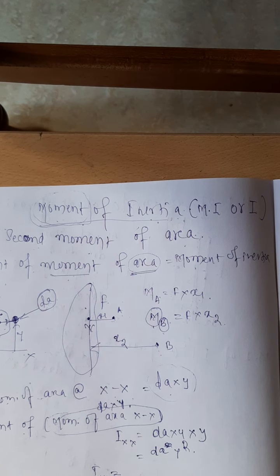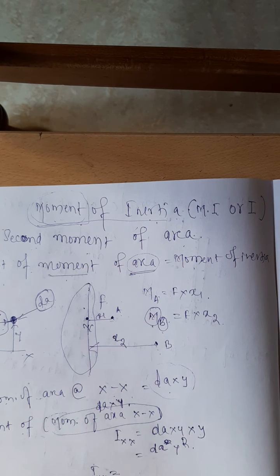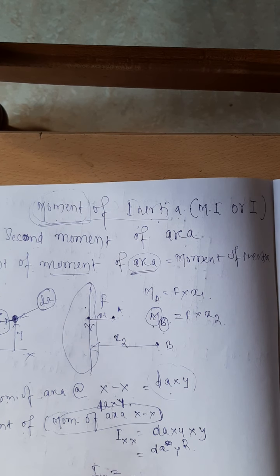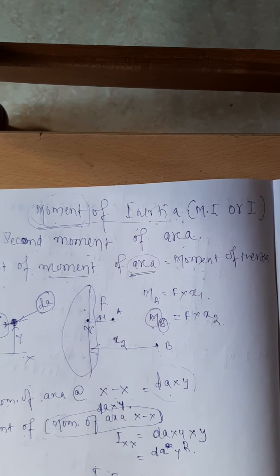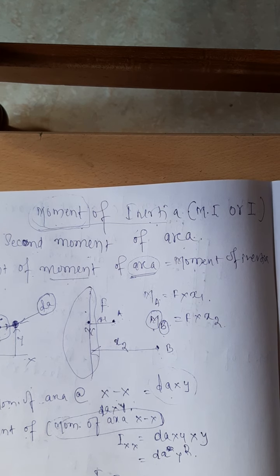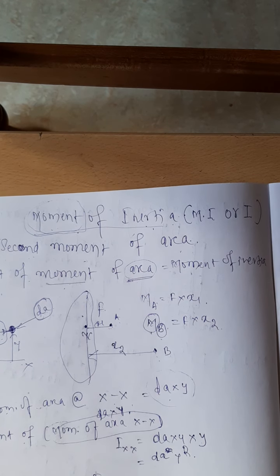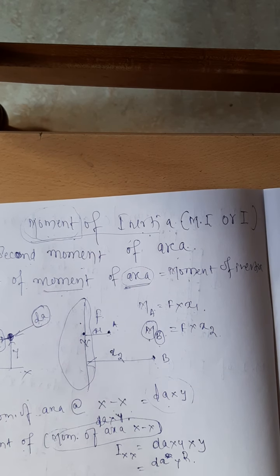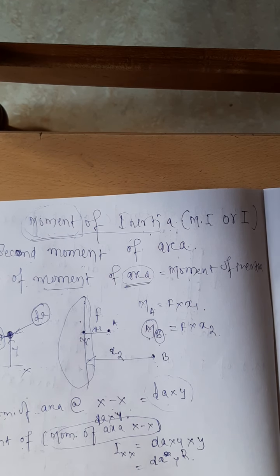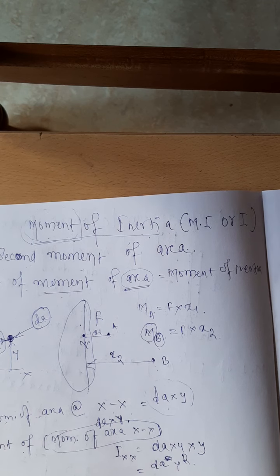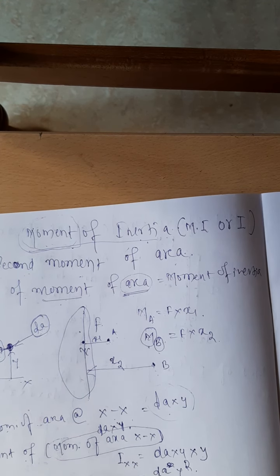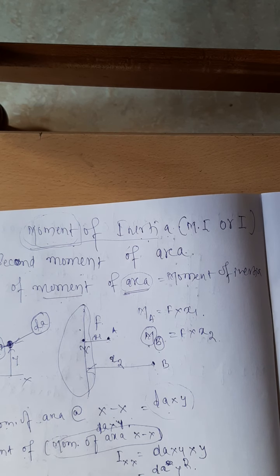But actually, if I take the moment of this one, that moment of area, I then take its moment again, and that is the moment of inertia. Therefore, I can write the moment of area about the y-axis, whatever this dA into x is there.